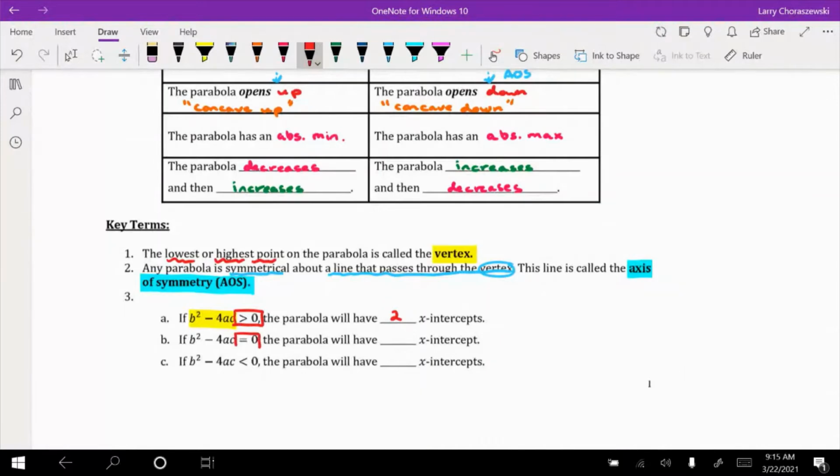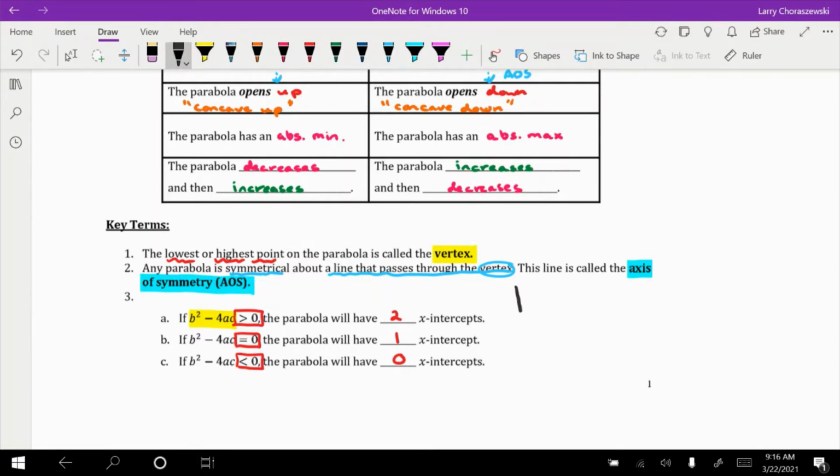If the value of b squared minus 4ac zeroes out, then the parabola is going to intersect the x-axis just 1 time. And if the discriminant winds up being negative, you're going to get imaginary values as your solutions, in which case the parabola will not intersect the x-axis.